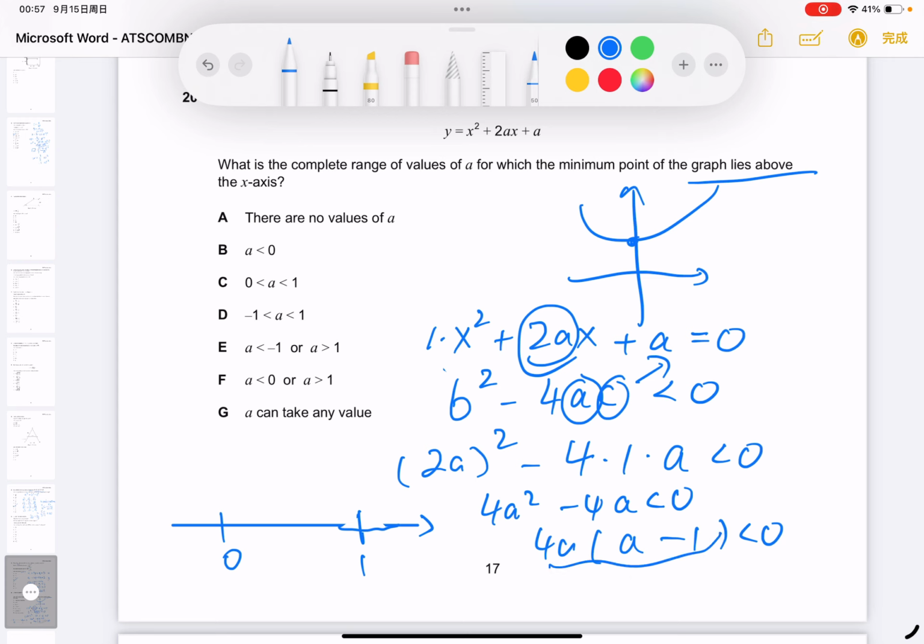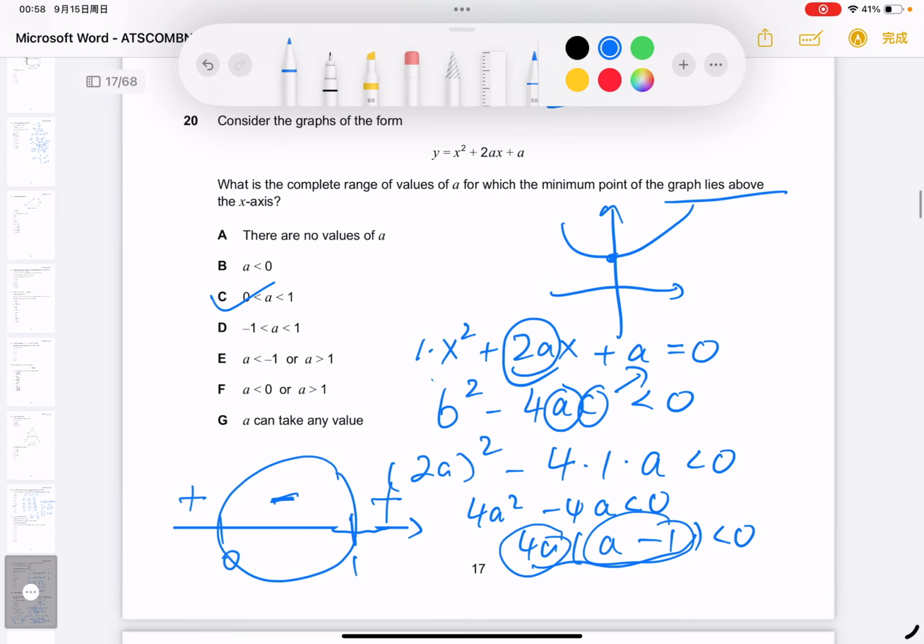This expression will definitely be bigger than 0, so it's positive, which is not what we want. However, between 0 and 1, this part is negative, while this part is positive, so this will satisfy our case. If a is less than 0, then this whole thing will become positive again. So we see the solution can only lie between 0 and 1, which means that C is the correct answer. Hope you guys enjoyed this video. Have a great day.